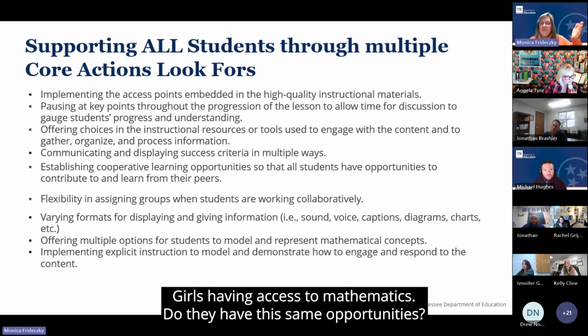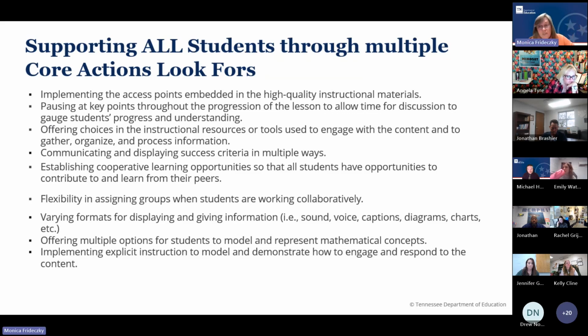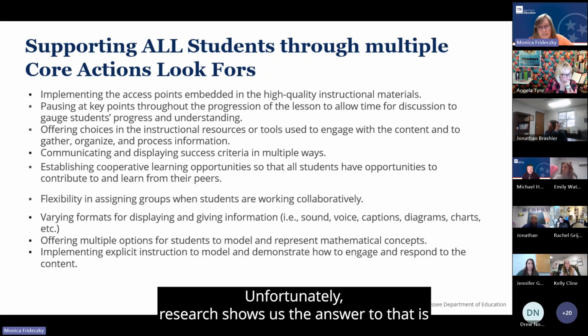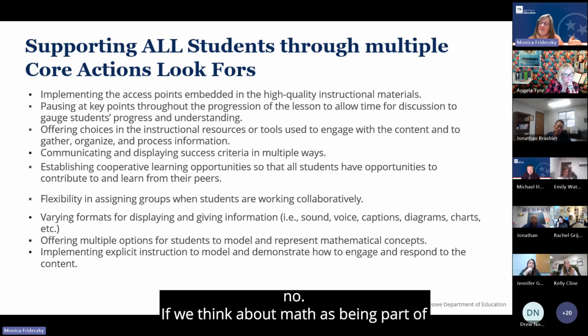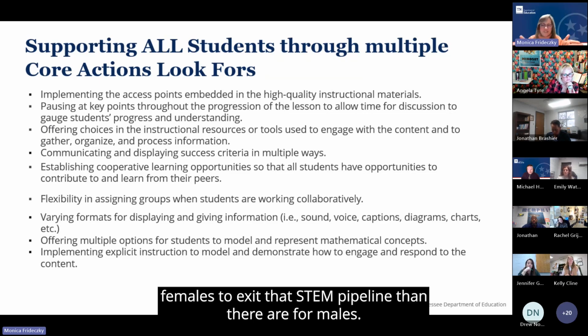Do girls have the same opportunities in math education as their male counterparts? Unfortunately, research shows us the answer to that is no. If we think about math as being part of the STEM pipeline, there are far too many opportunities for females to exit that STEM pipeline than there are for males.